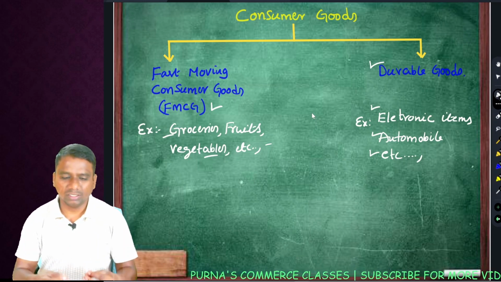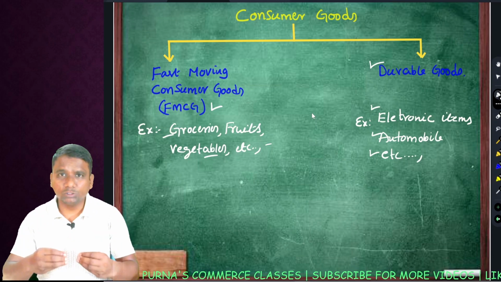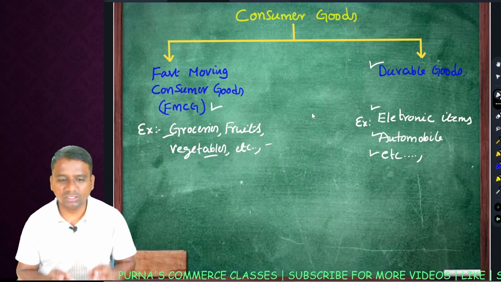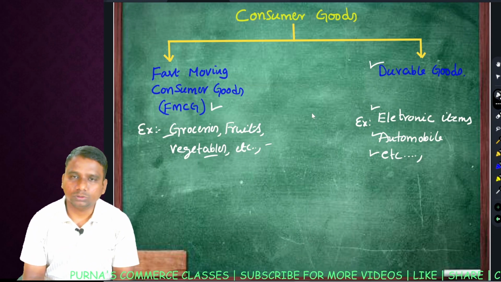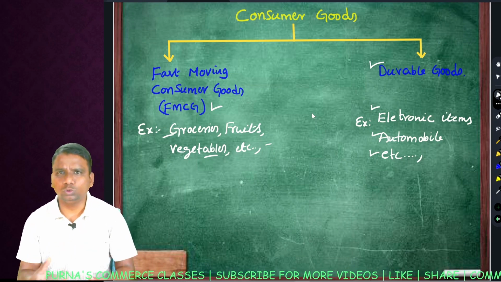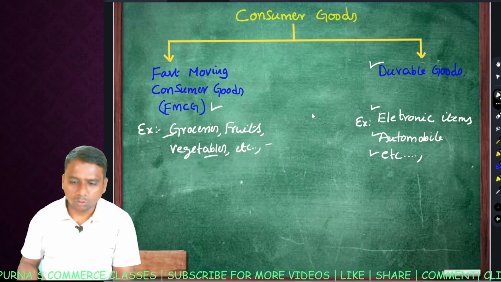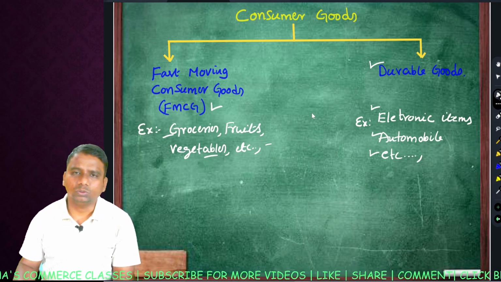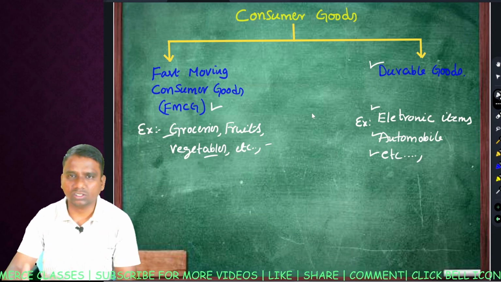Let us assume we have eaten food. This is single use only. So these are called fast moving consumer goods. Coming to durable goods, to put it simply, these we can use multiple times. Electronic items, automobiles, all this comes under durable goods. I hope you understood this concept of goods.